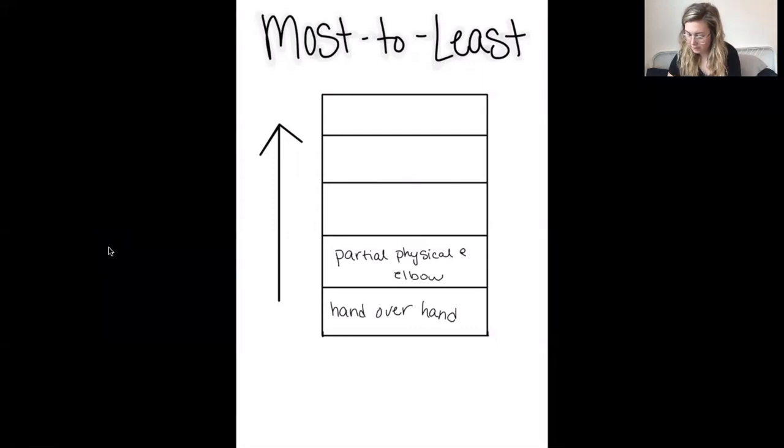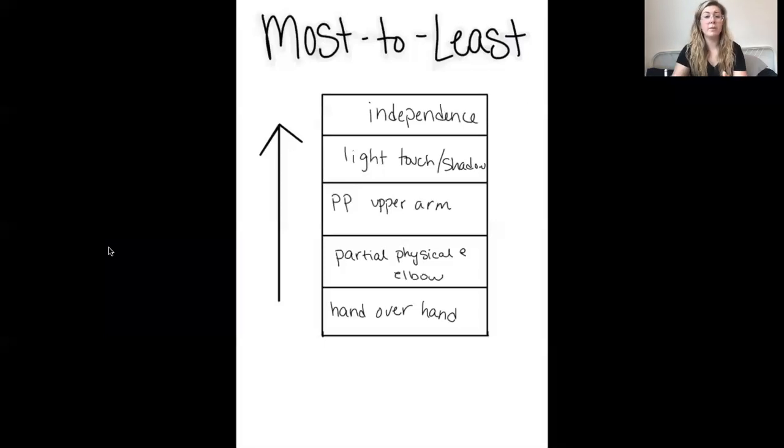Then they went, I'm going to put PP for partial physical here, at the upper arm. Then they did a light touch or a shadow, meaning they just guided like this without actually touching the learner. And then obviously, per usual, our goal is independence. And that was the most to least.